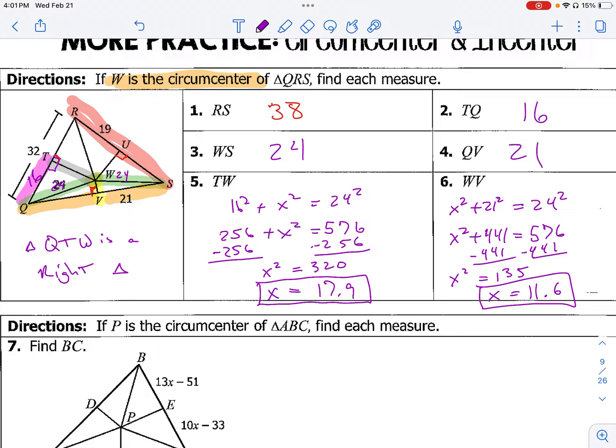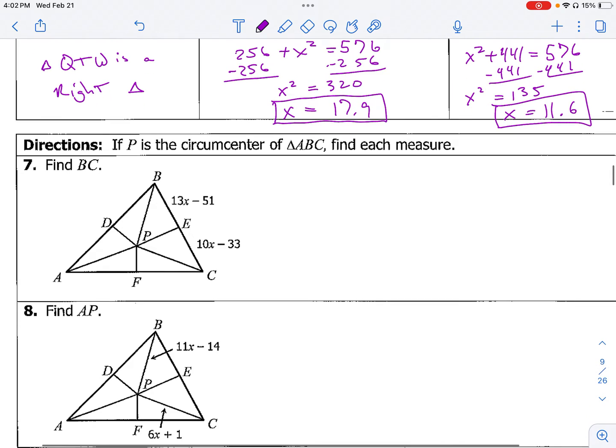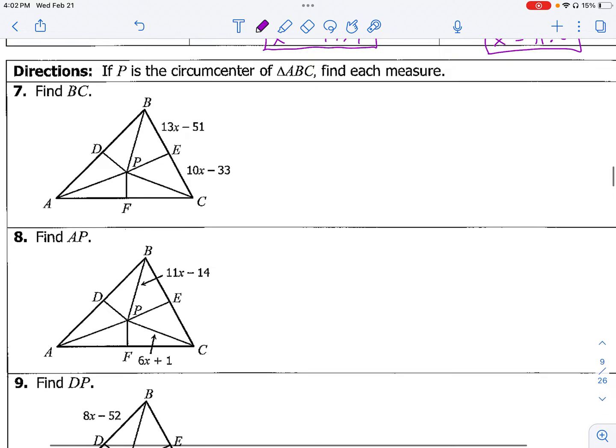So we know we can go around the triangle, use our rules of circumcenter, our rules for right triangles, and find all the information we need. Let's keep on going. P is the circumcenter. So it is equidistant to all the vertices.